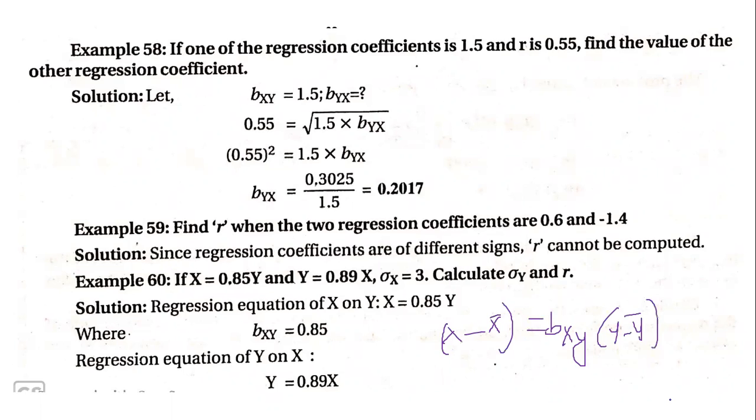Correct? This was the equation we were using. Now, if you compare this equation with the one here, x minus x bar, x is equal to bxy. In the place of bxy, there is a number which says 0.85. And then again, for y minus y bar, you have y as the value. So from this, I can understand that in the place of bxy, I have 0.85, which means the value of bxy is 0.85.